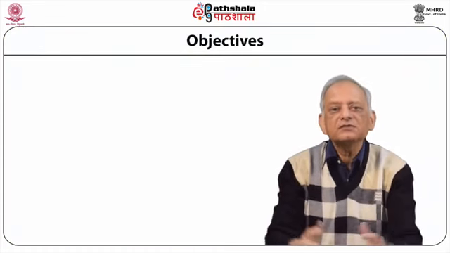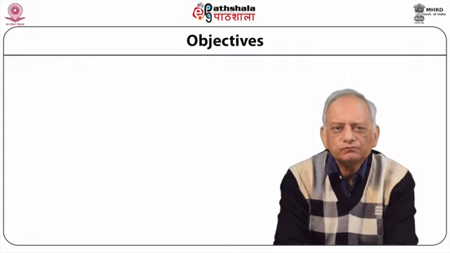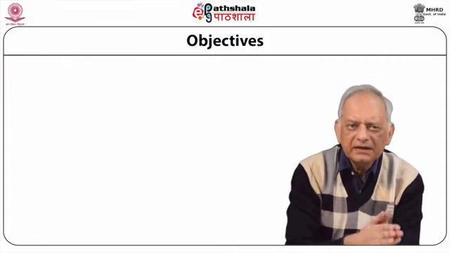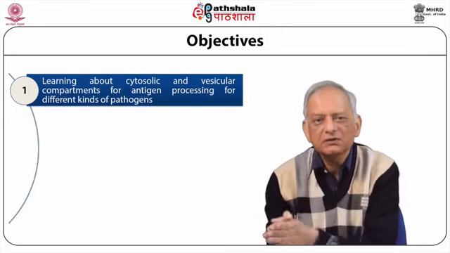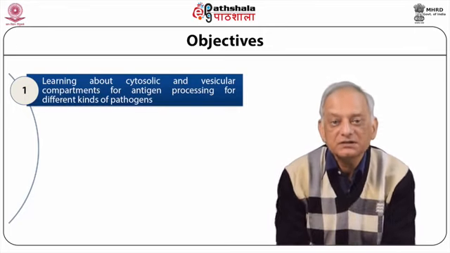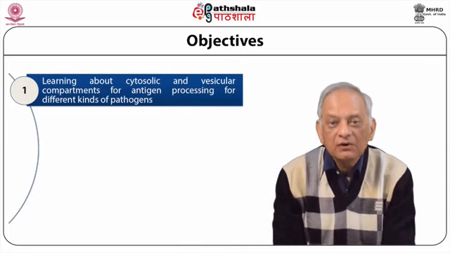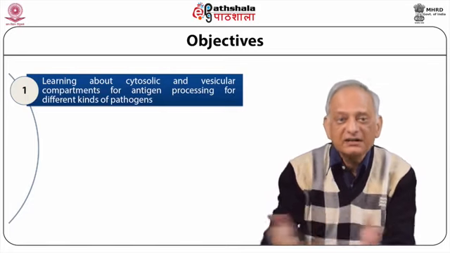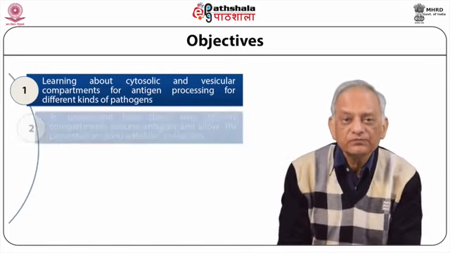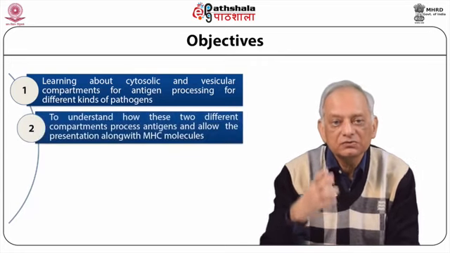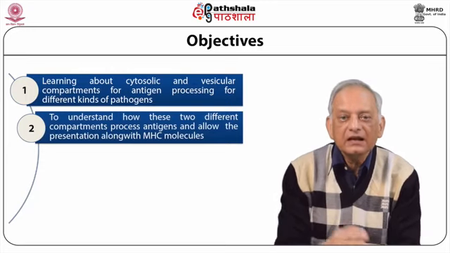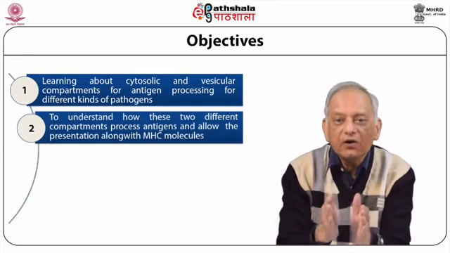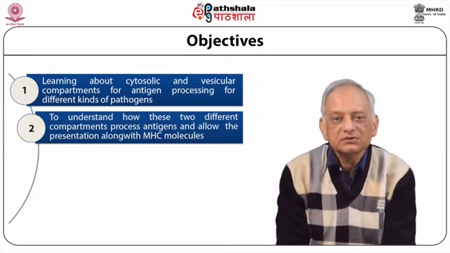So the objectives of this module are many. First, learning about cytosolic and vesicular compartments of the antigen processing cells in the context of different kinds of pathogens. Then to understand how these two different compartments process antigens and allow the presentation along with MHC molecules.